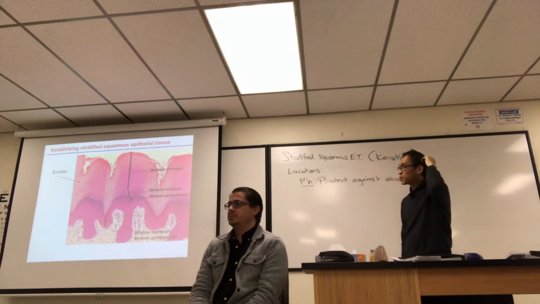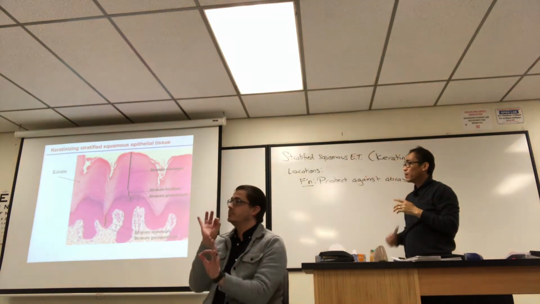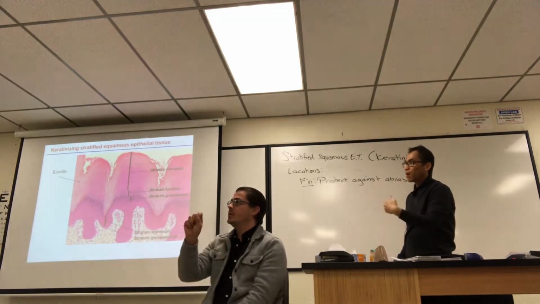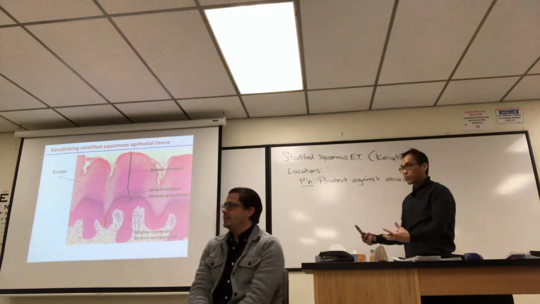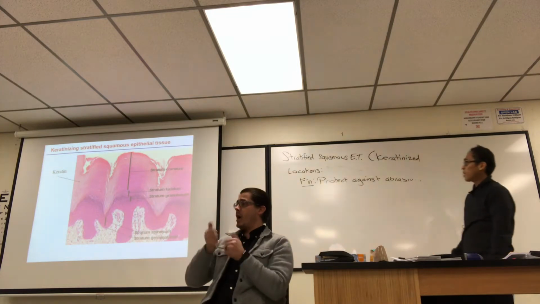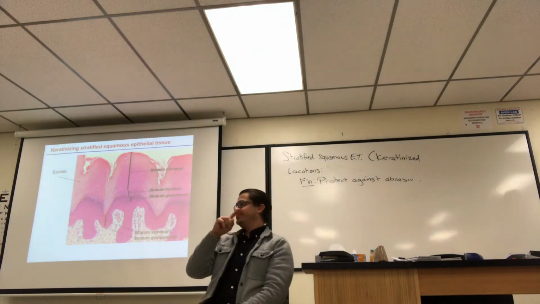So there's a nice picture of it. The stratum terms, I'll teach them Monday. Don't worry about that. In chapter 4, this is how you name this tissue. Stratified squamous epithelial tissue. It's keratinizing.